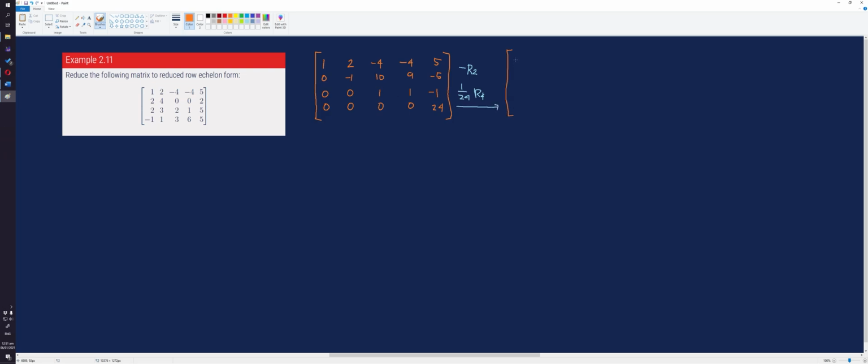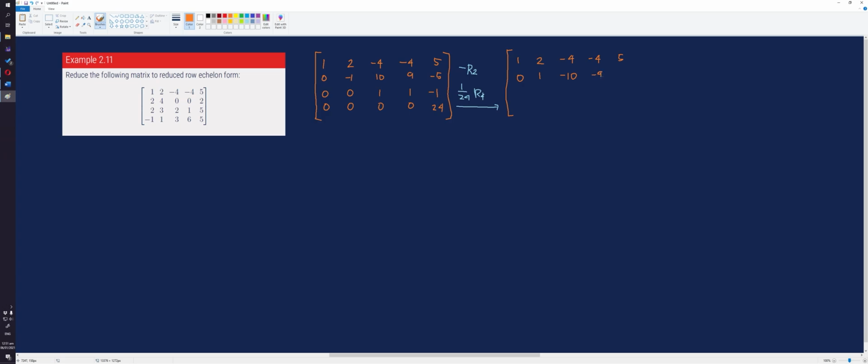Therefore, the new matrix is 1, 2, negative 4, negative 4, 5 for the first row. This is 0, because if we multiply 0 by negative 1, the result is 0. Negative 1 times negative 1 is positive 1. 10 times negative 1 is negative 10.